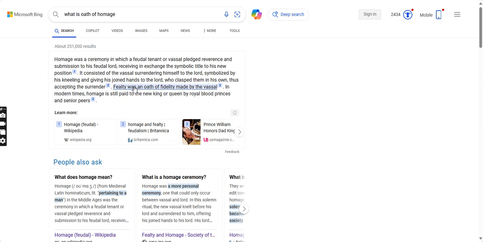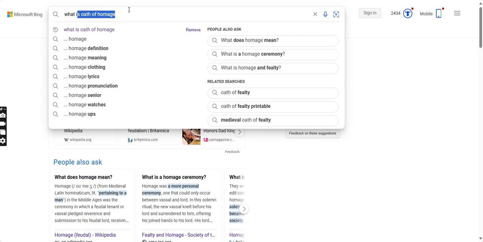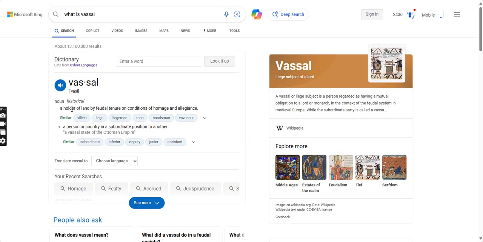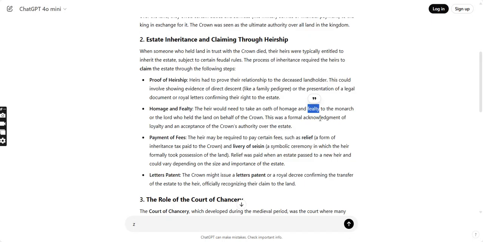Oh, that's interesting. Fealty was an oath of fidelity made by the vassal. That's another word here. The holder of land. Okay, that's interesting.